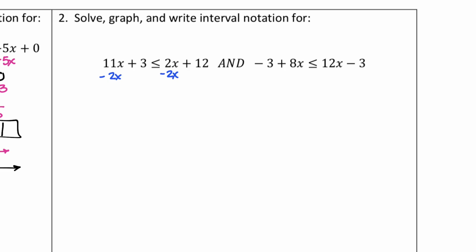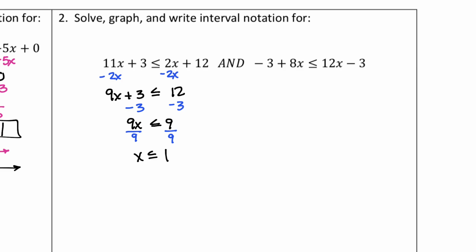We end up with 9x add 3 less than or equal to 12. I'm going to move the extras to the other side. We get 9x is less than or equal to 9. Divide by 9 now, so we get x is less than or equal to 1.